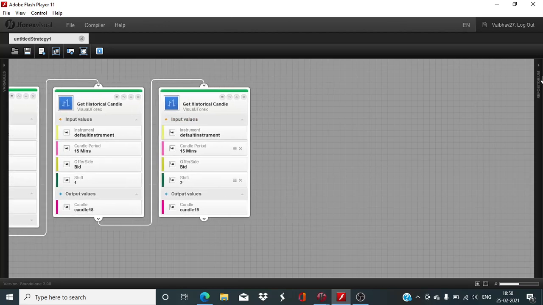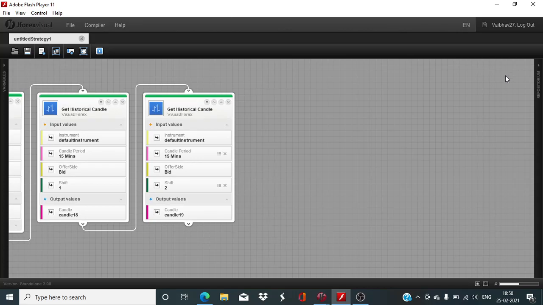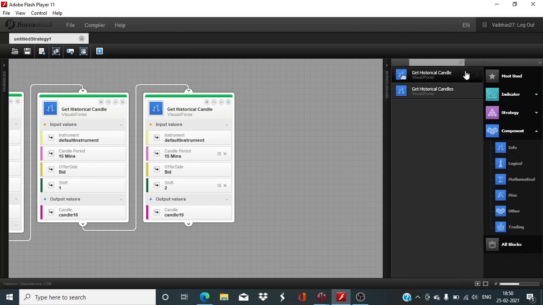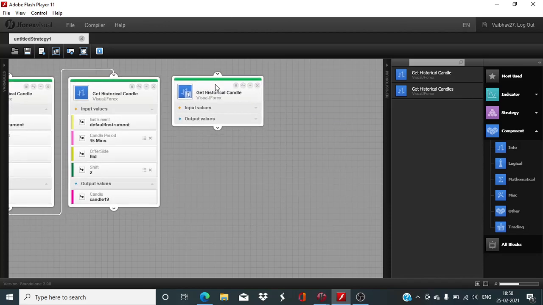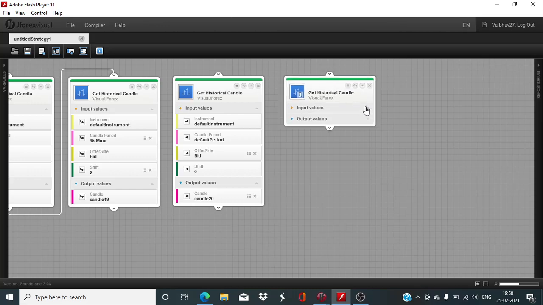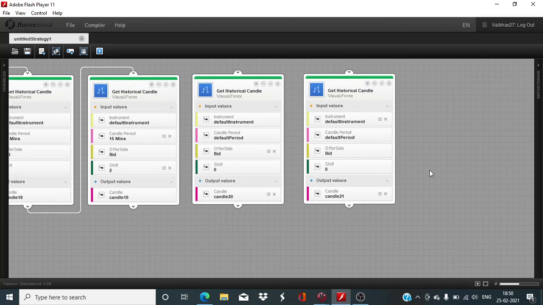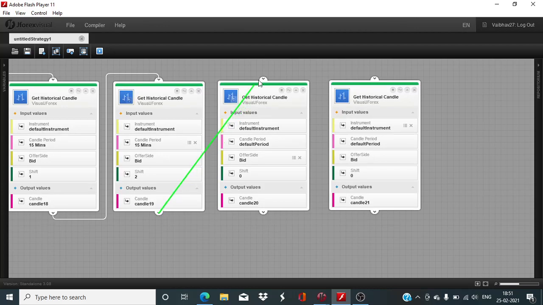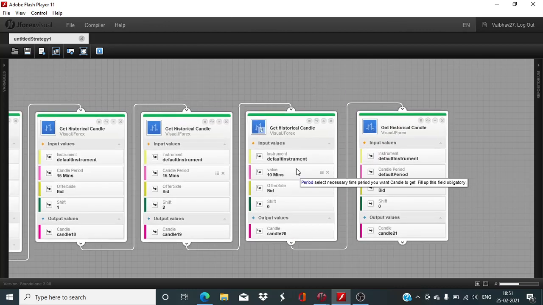And then as and when we will be pinpointing the exact entry point, we will also need 2 historical candles of 10 seconds each. This will need to be changed to 10 seconds.